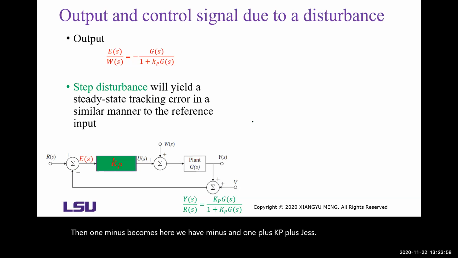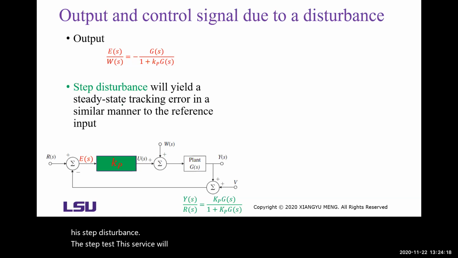Here I will not show you the detailed analysis, but basically, if we assume the disturbance is a step disturbance, then the step disturbance will yield a steady state tracking error in the same manner as the reference input. All the analysis is the same as for the reference input.